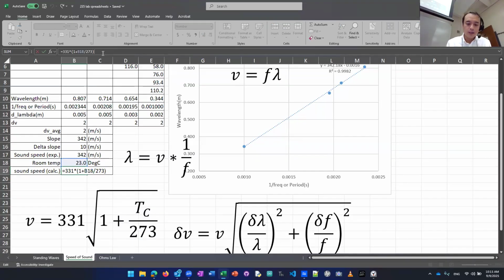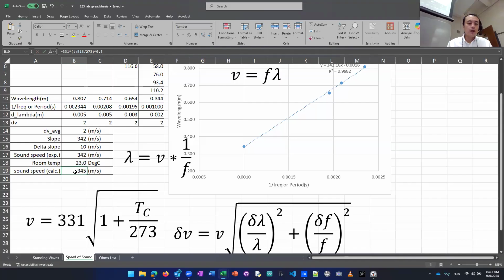This didn't really get a square root. Yeah, 331 times that. Okay, that will actually be fixing it. I think I may have gotten rid of the 0.5 by mistake. Okay, so the 0.5 will be square root, right? So that will be the exact formula.